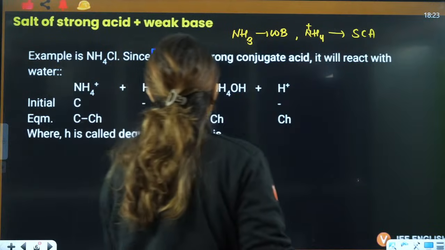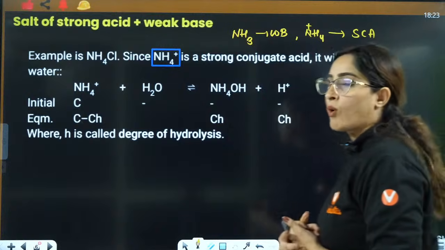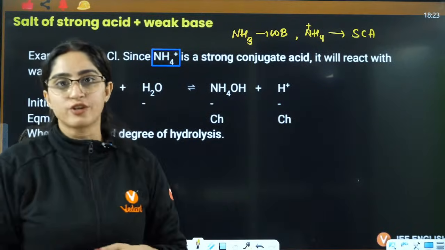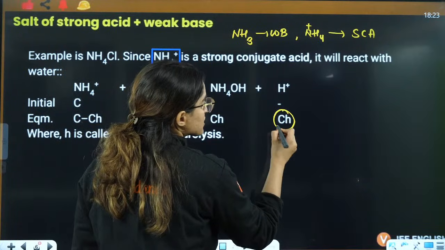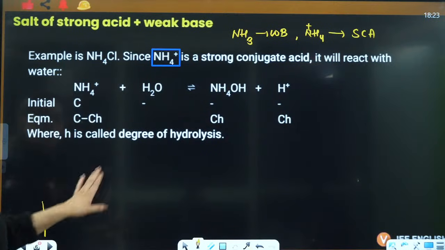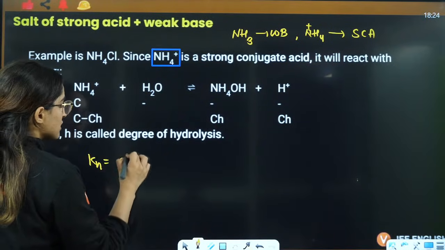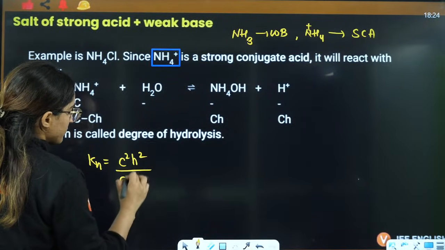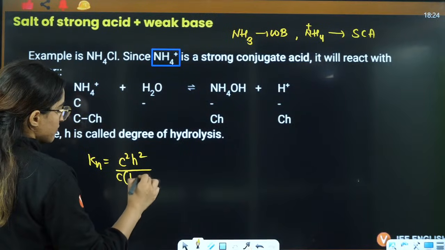Now, we need to calculate the pH here. H positive is nothing but C into h, that is concentration into degree of hydrolysis. And overall, what is the value of Kh here? Kh is going to be C square h square divided by C into 1 minus h.